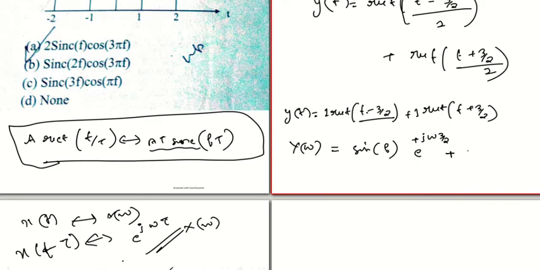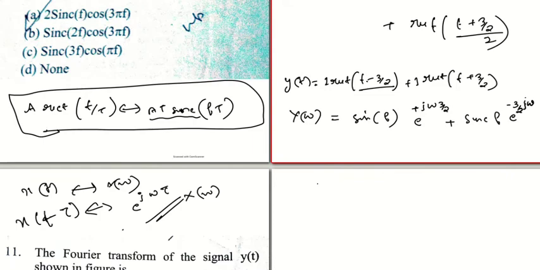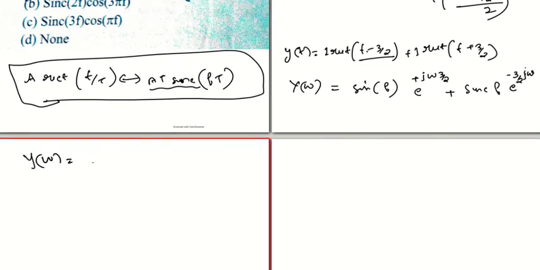Plus here also it will be sinc f into e raised to plus 3/2 j omega. Now we'll simplify it. Sinc f I am taking outside because it is common. The rest of it is e raised to 3/2 j omega plus e raised to minus 3/2 j omega.